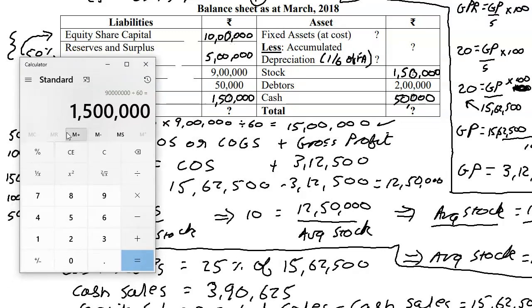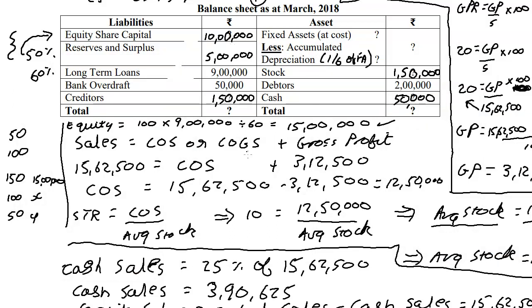All right, so we have with us 10 lakhs plus 5 lakhs plus 9 lakhs plus 50,000 plus 1,50,000. Okay, so we have 26 lakhs on the liability side, and the balance sheet by definition will always balance.